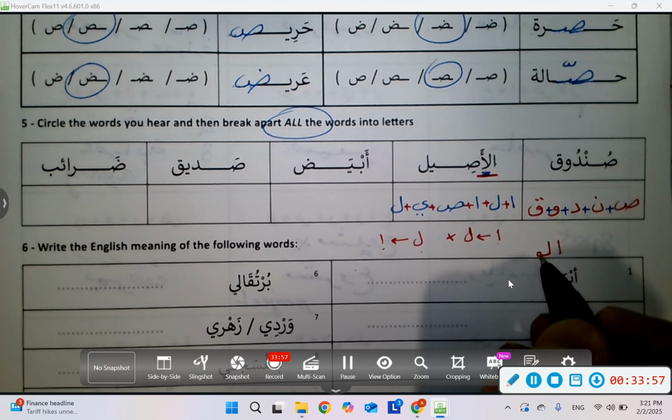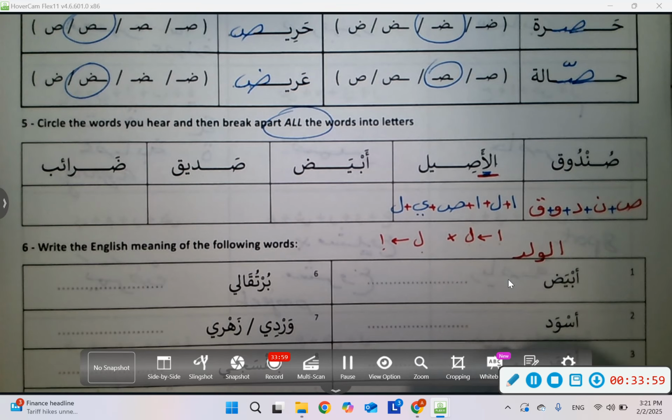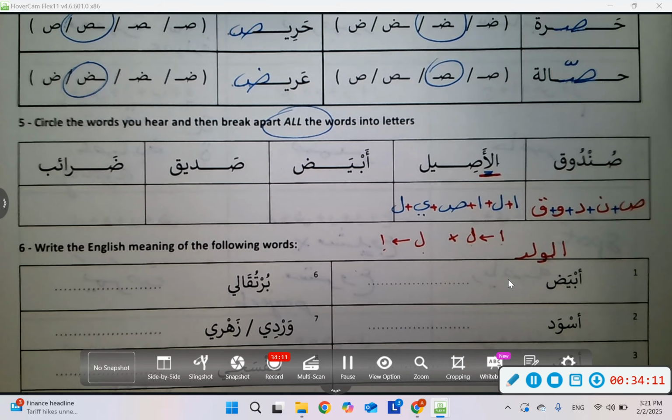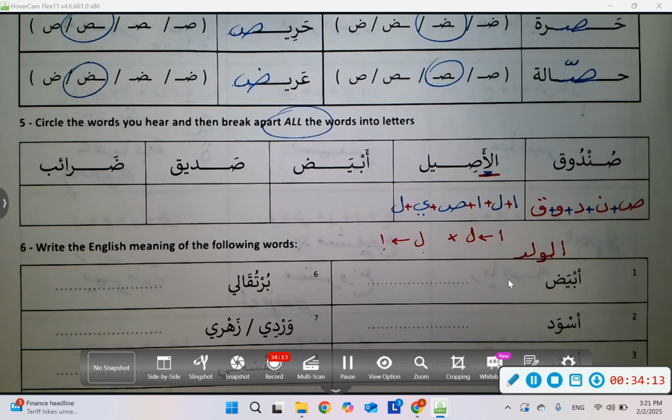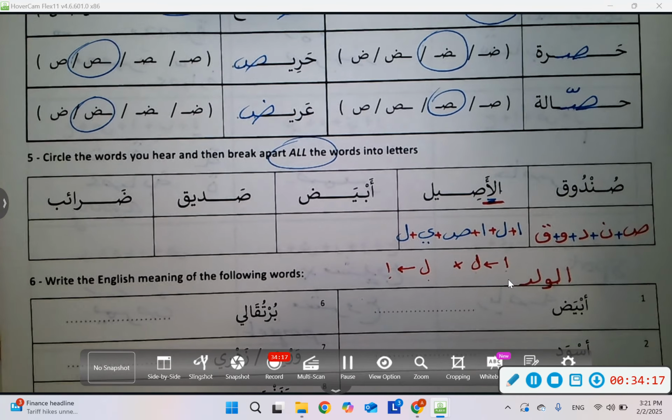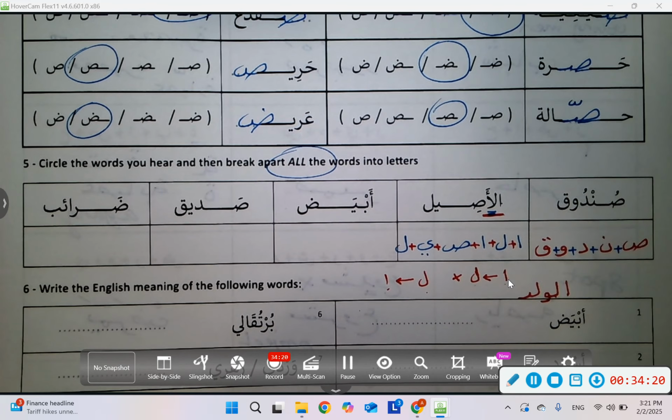If you say al-walad, alif lam, it means the boy. Walad, boy. Al-walad, the boy. But lam alif, it's written like this. So we're here, although we're correcting the test, but we're also reviewing stuff that we already explained before.